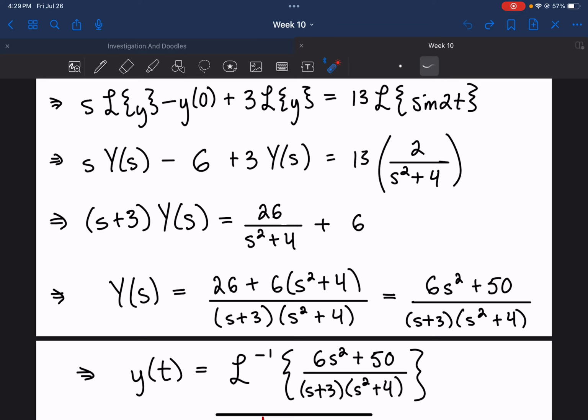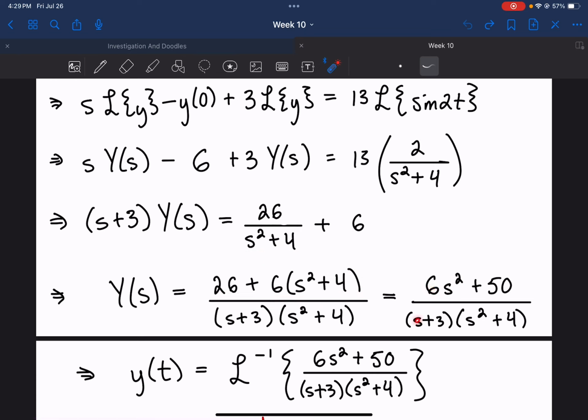That's where the 6 over s plus 4 squared came from, because I combined these two. And then I divide both sides by s plus 3, excuse me. And then cleaning this up a little bit, we get 6s squared plus 50 over s plus 3 times s squared plus 4.